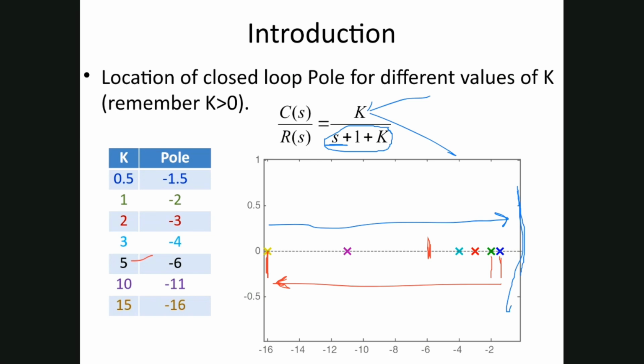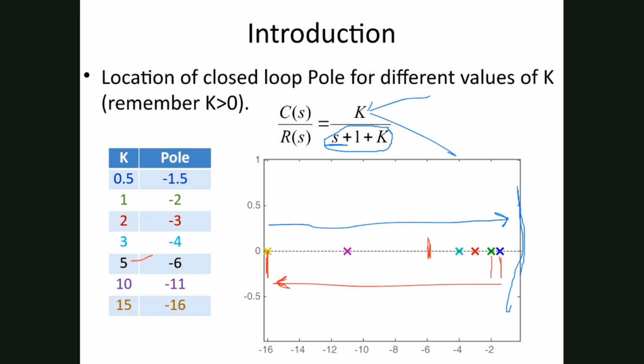So in that case, you can say for all values of k your system is stable. For this particular system, if the gain k is 0, your transfer function will be 0, because 0 divided by something is 0. Now let's say the minimum value of k is 0.01. In that case, the pole will be at minus 1.01.